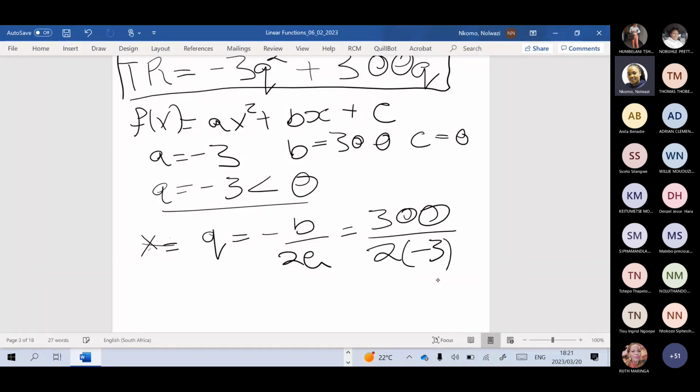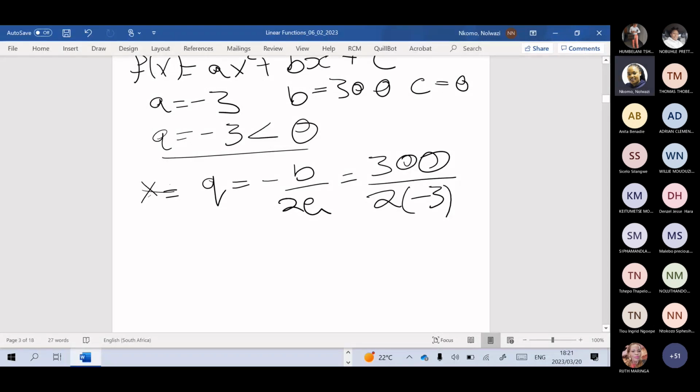So this means we have minus 300 divided by, oh, okay, I think I forgot this negative. This means our turning point is 300 divided by 6, which is 50, right? So our turning point is at Q equals 50.